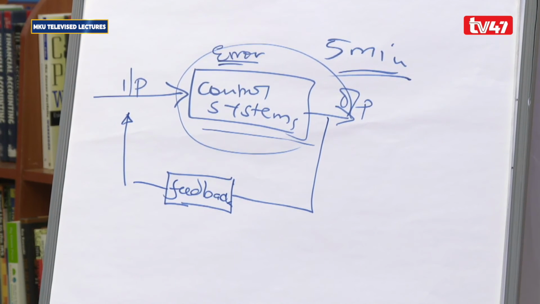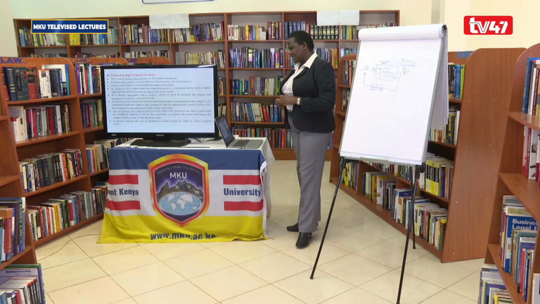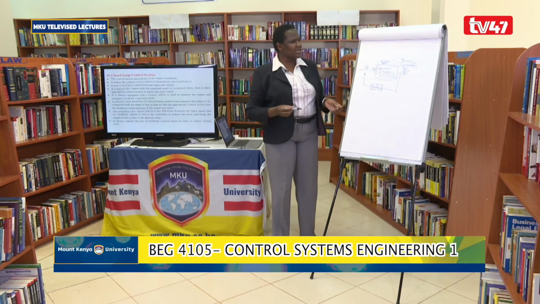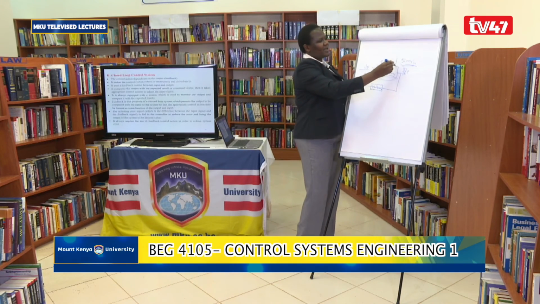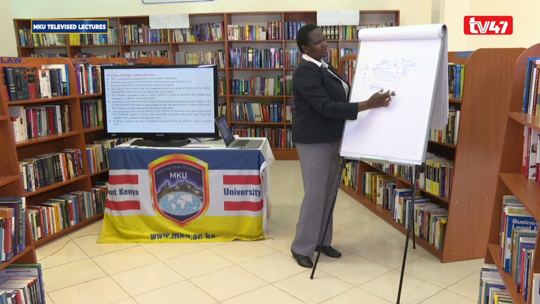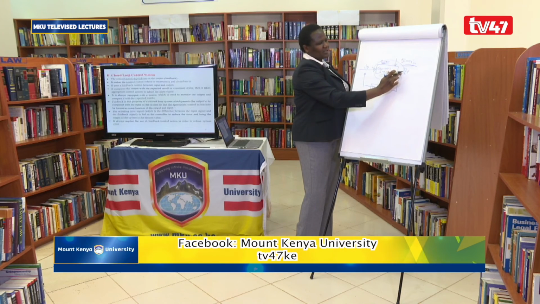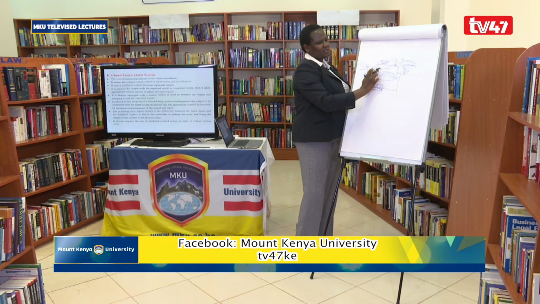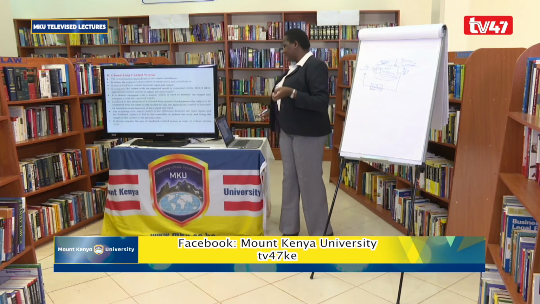It makes the control system robust to uncertainty and disturbances. By this I mean, if there's a disturbance somewhere here, it is the work of this feedback to know that whatever is coming out is not favorable, and then take the feedback back to the controller so that more control action can be done.